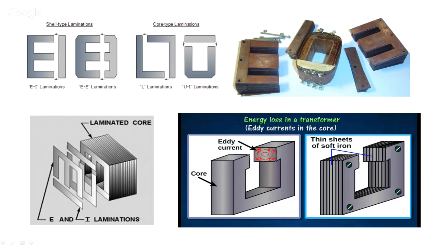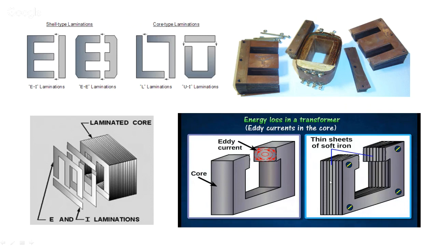So this is another view here. You can see a number of stampings, and together they form a solid block like this. So it is not a single solid core. Instead, a number of stampings are stacked together and they are bolted or riveted together.